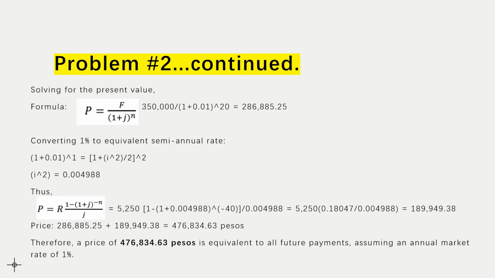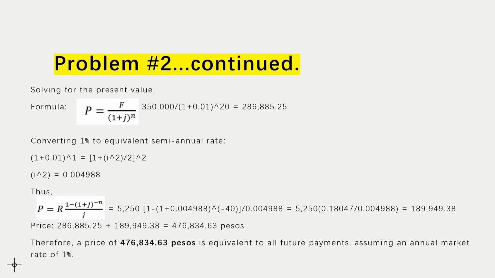The square root of 1.01 is around 1.004988. Since we want to isolate the i squared over 2, which is what we're trying to solve here, we transpose the 1. My mistake in this PowerPoint, it should be i squared over 2.